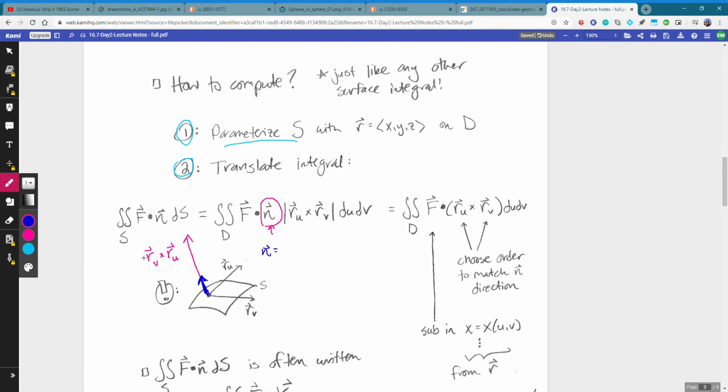So our n, with our picture here, which is length 1, is r_v cross r_u scaled by the size of r_v cross r_u.